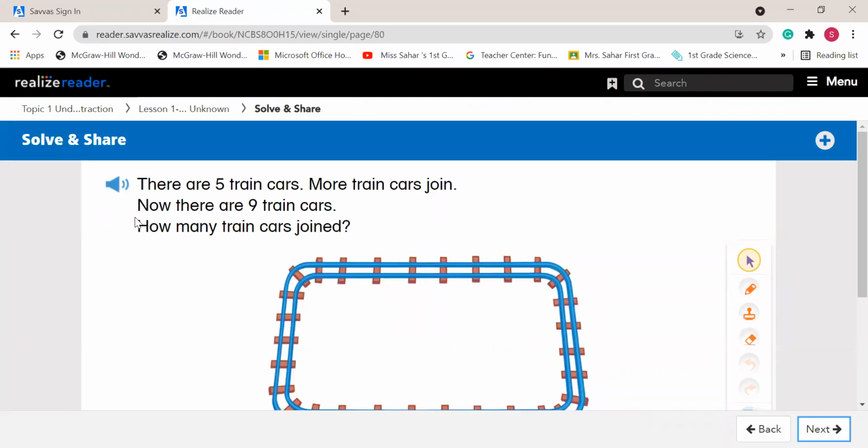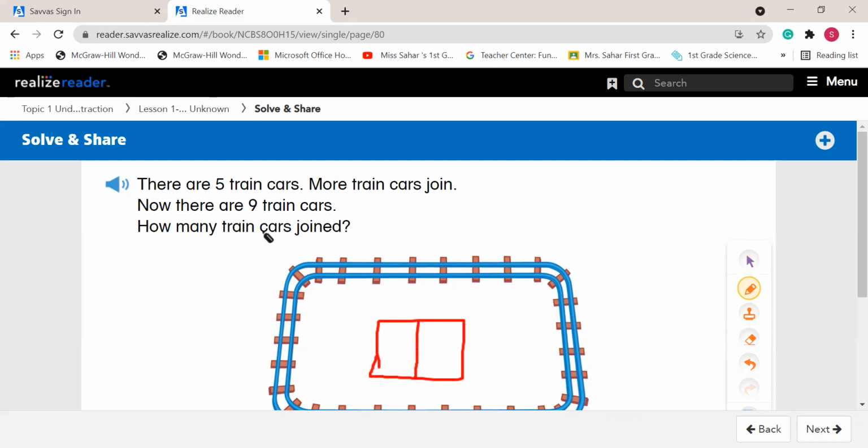Let's see our example, page 29. There are 5 train cars. More train cars join. Now there are 9 train cars. How many train cars joined? So let's use cubes to help us do this equation. There are 5 train cars. Okay. So I'm gonna use what we learned before.